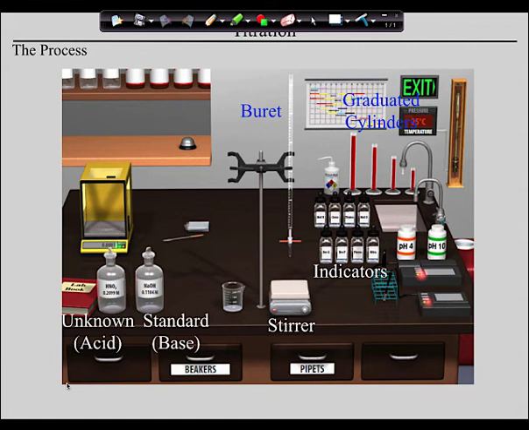Guys, it turns out that this software tells you the concentrations of everything. So here's what we're going to do. We are going to pretend like we don't know the concentration of the acid, but in fact we really do. So what we will do is we will calculate the concentration of the acid, then we'll see how close we got by calculating what? Percent error. You got the idea? Okay.